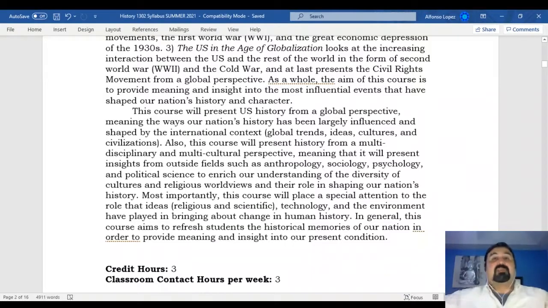We're now seeing the emergence of a globalized world. We're going to be covering three topics regarding the U.S. in the Age of Globalization, in which we're able to understand how, in the second half, roughly speaking, of the 20th century, we're going to see a whole new era on the rise.